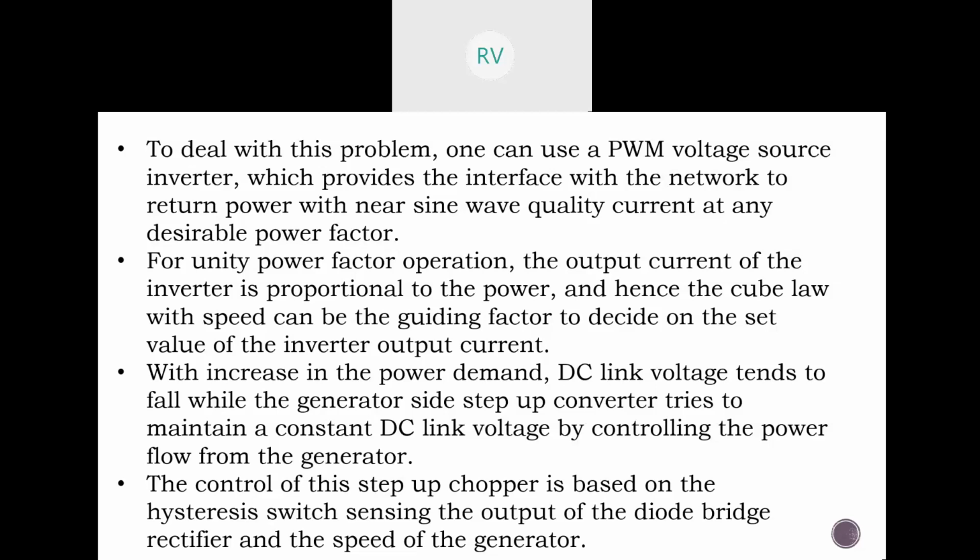The control of this step-up chopper is based on the hysteresis switch sensing the output of the diode bridge rectifier and the speed of the generator. So the control is based on parameters like the output of the diode bridge rectifier as well as the speed of the generator.